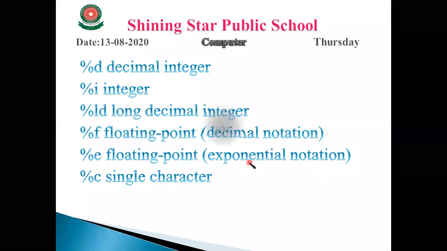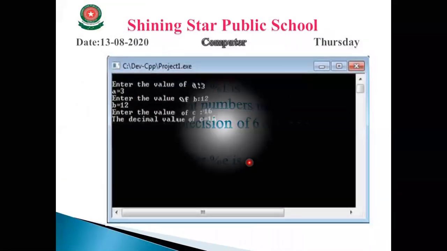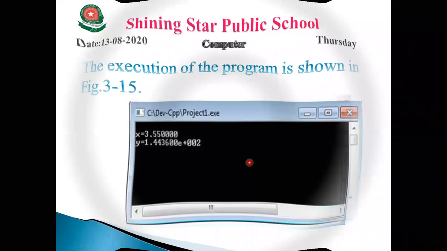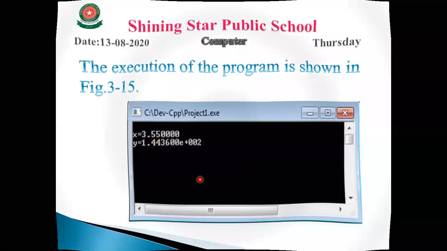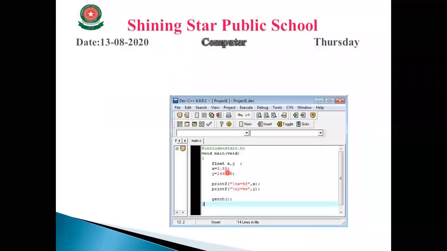Now in your answer you can see here, when we use %f, it will display 5 and 4 zeros, because we know that when we use %f, after the point we will get 6 digits. So here we write x equal to 3.55, but when we display our answer, it will display 4 zeros next to the 55, because it has to complete the 6th digit after the point.